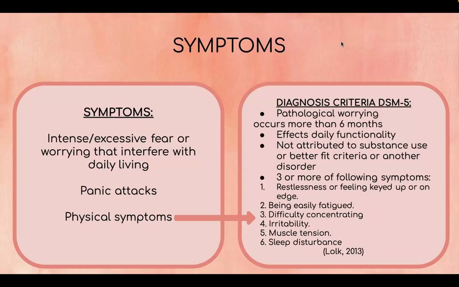These symptoms cannot be attributed to substance use or better fit criteria for another disorder. And as I mentioned earlier, 3 or more of those physical symptoms must be present. With a child, I believe it is only 1 symptom.